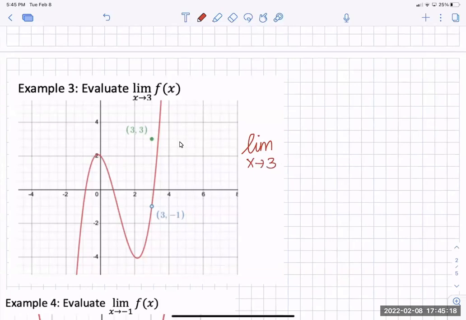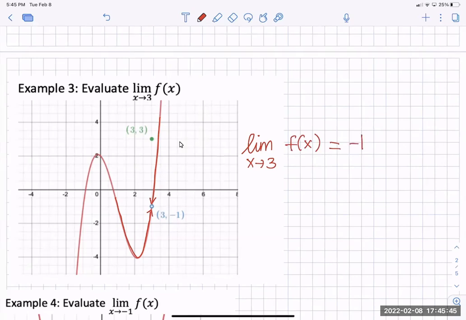Remember, for the limit to exist, it must be approached from both sides. So it only exists for this one, right? This is approached from the left and the other one from the right. And the y value as x approaches 3 from the left and right is going to be -1. So we say the limit as x approaches 3 is -1.